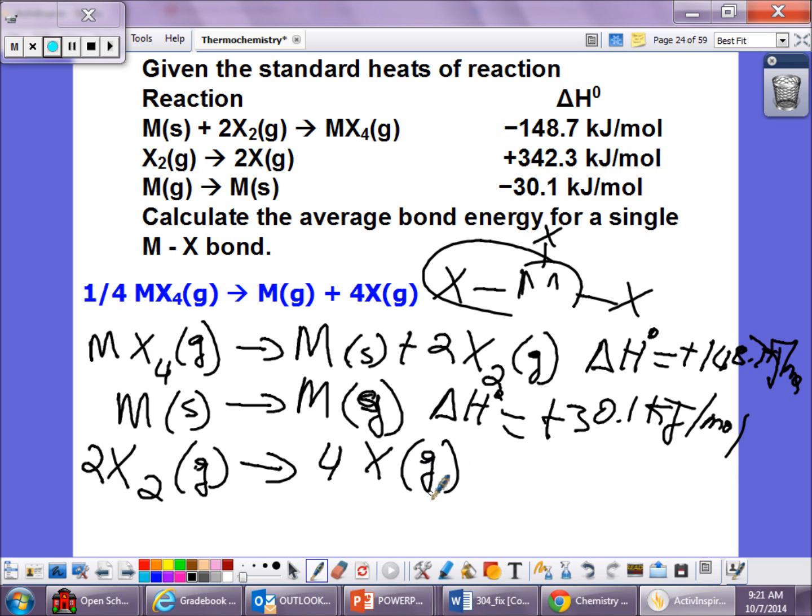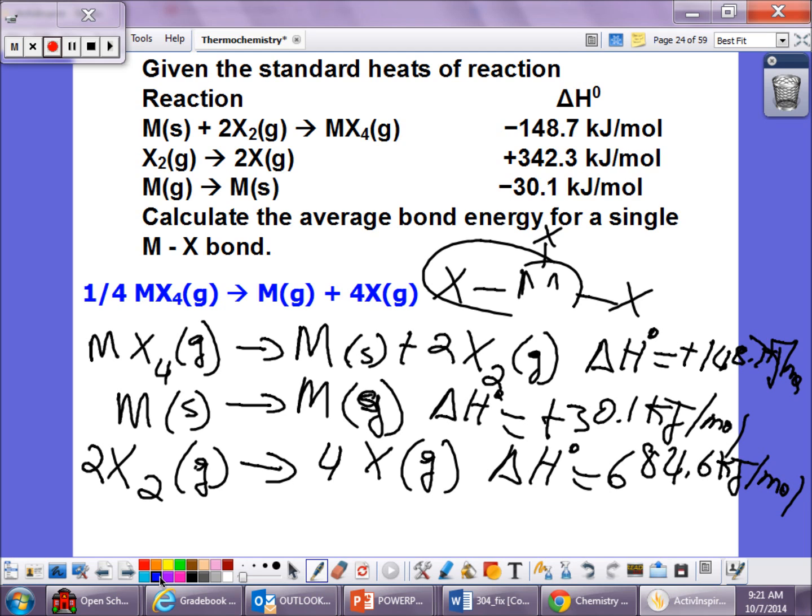Because I doubled the equation, the delta H for this equation is 684.6 kilojoule per mole.